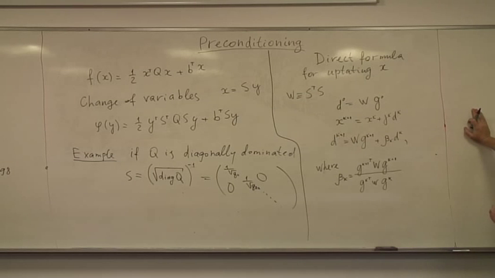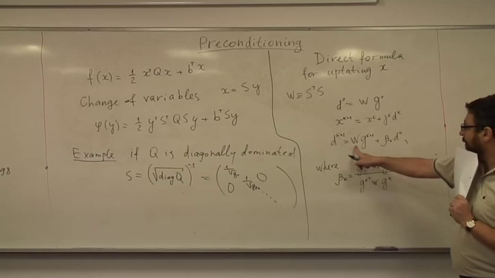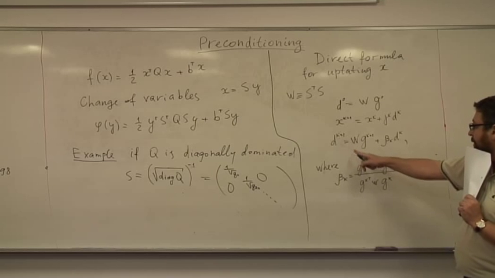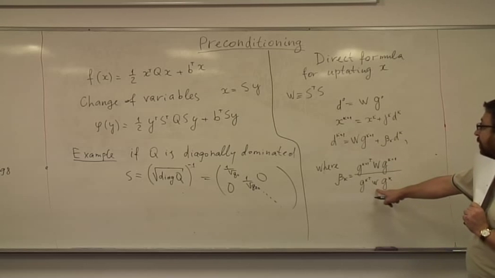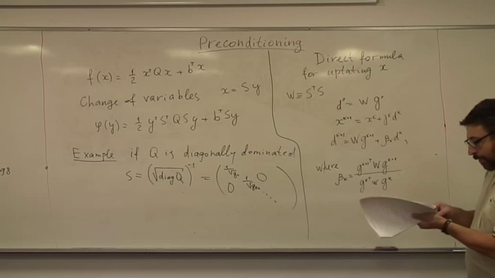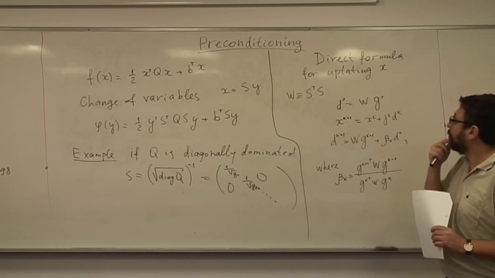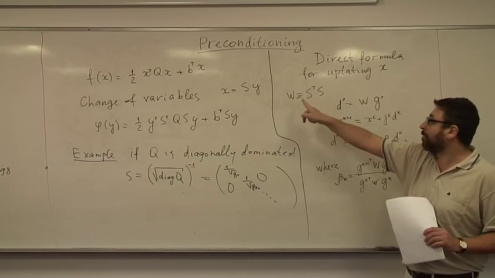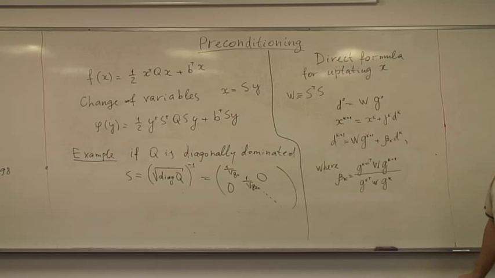You can see this is very close to the original conjugate gradient. We just multiply our gradient by W in computing the direction, and when we compute beta we multiply by W. And by the way, another advantage is that we don't use the matrix S explicitly, but instead we use S transpose S. Why is it good?